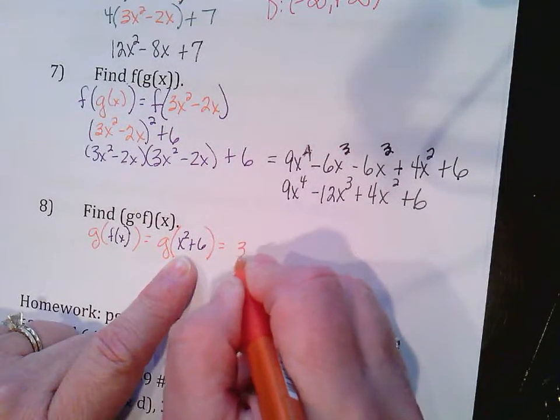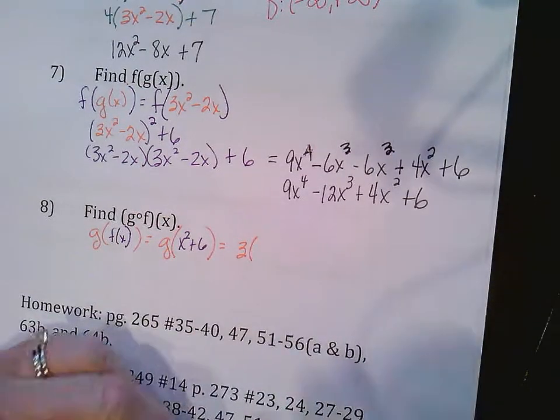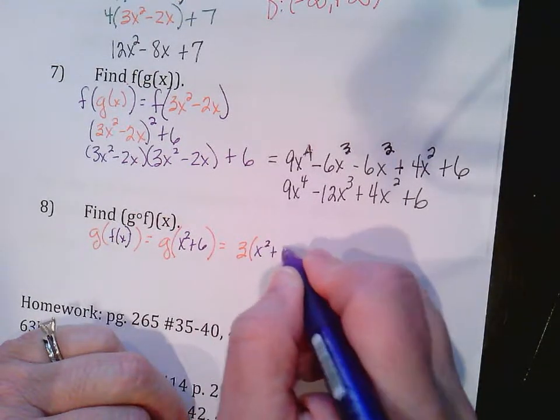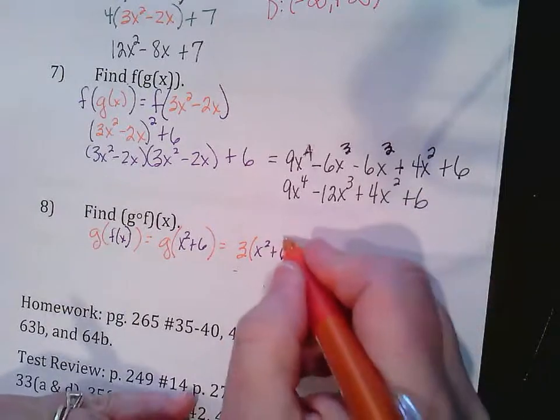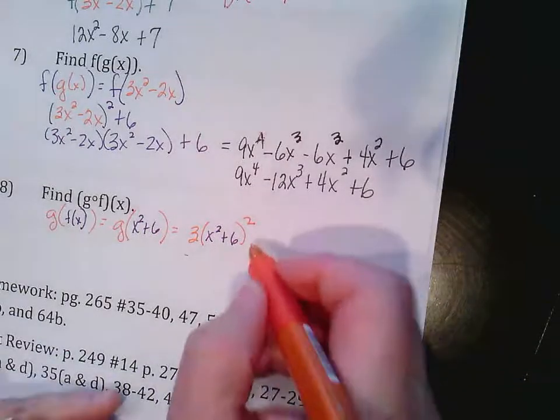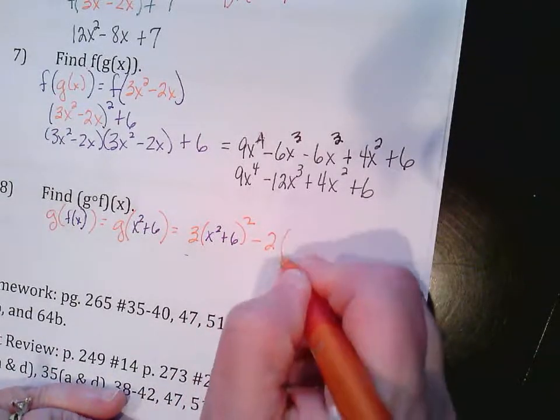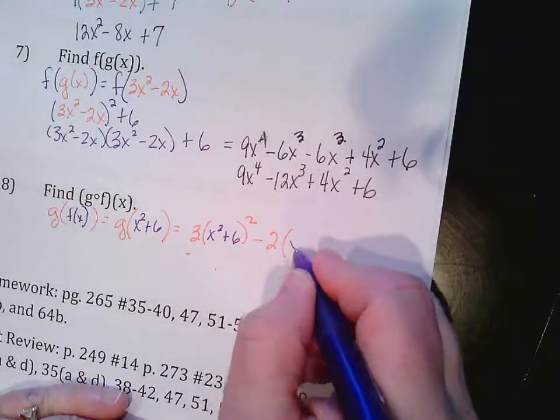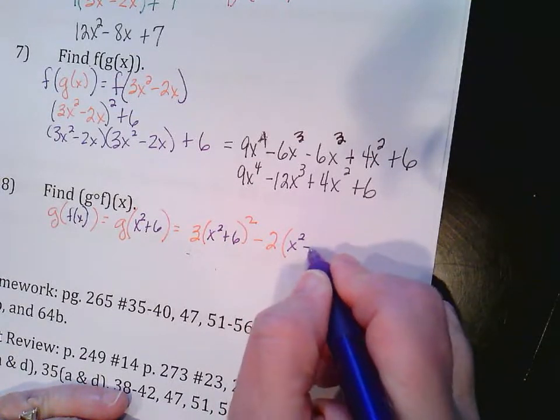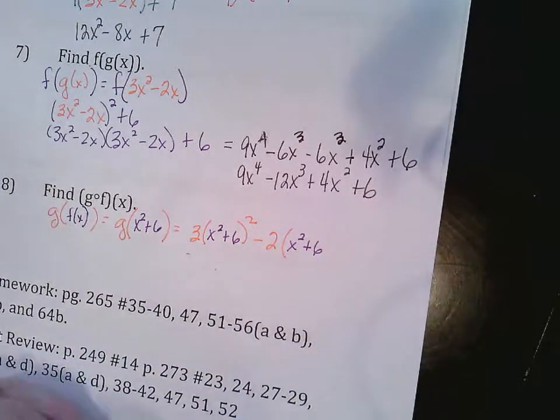So that means I have 3 times x squared plus 6, and that x is being squared. Minus 2 times my x, which is my f function, x squared plus 6.